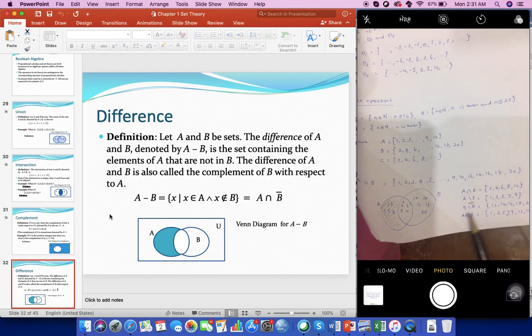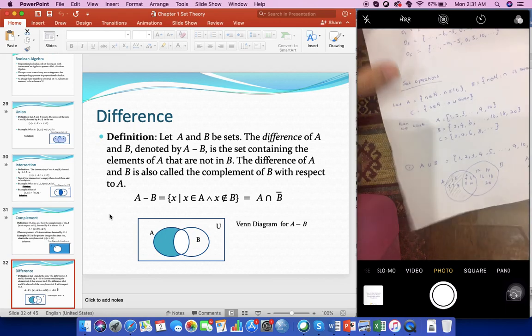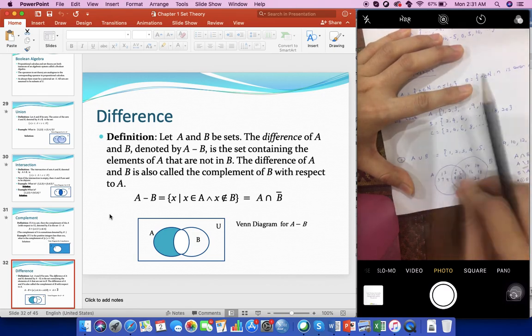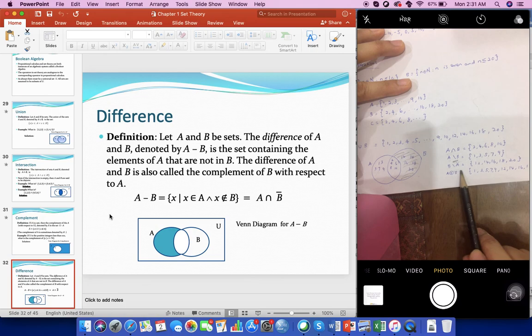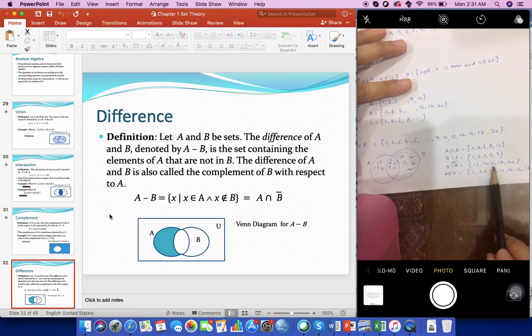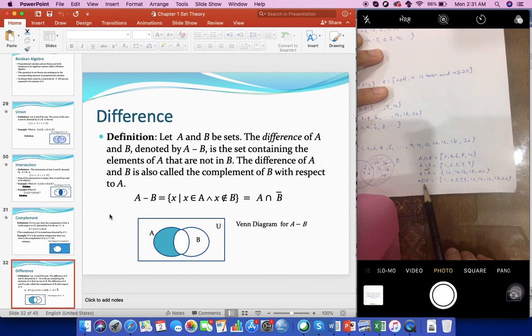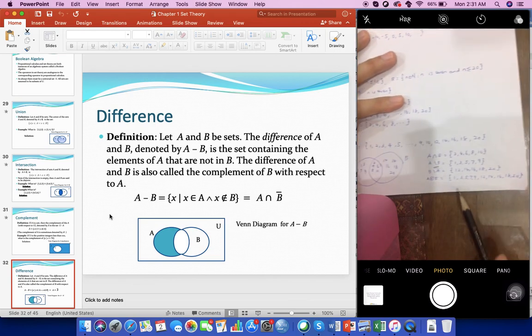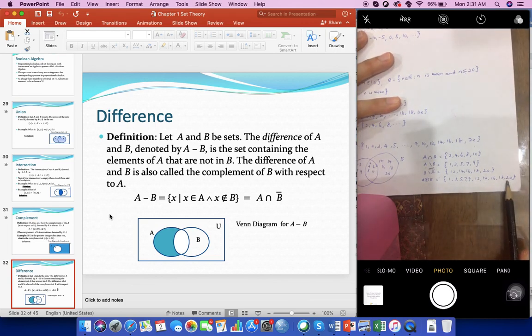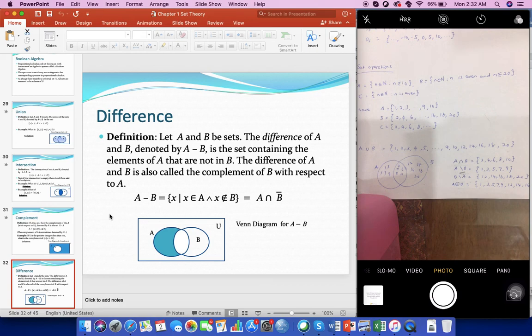But B difference with A is here only, so B difference with A is 12, 14, 16, 18, 20. The last one, this symbol, is all together, so you see 1, 3, 5, 7 until 20. So this is set operations.